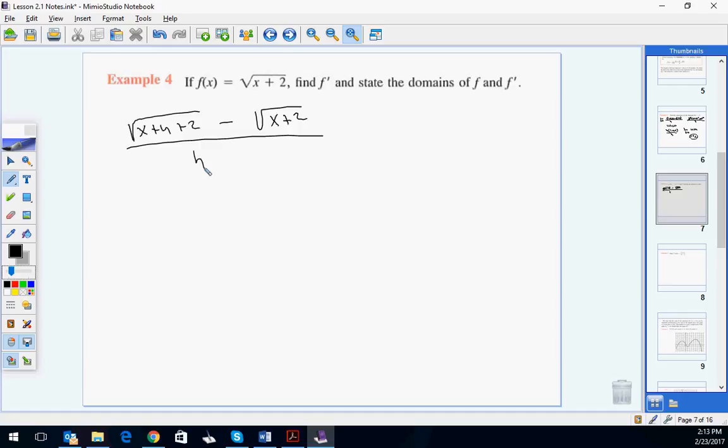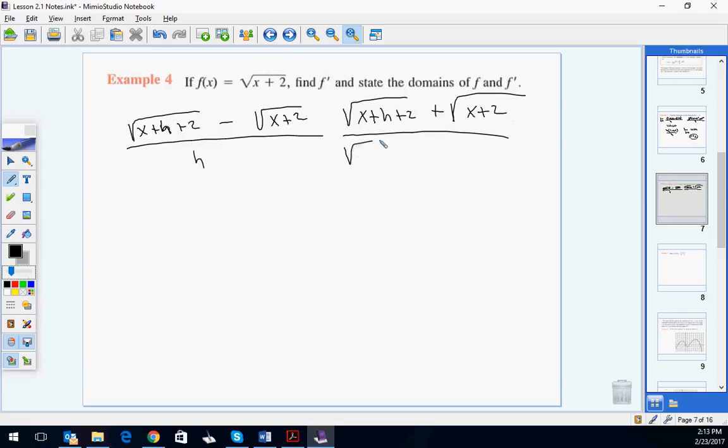So this is where we have to use the beautiful conjugate. We're going to state the domains at the end. I forgot to say that. We're stating the domains at the end. We're going to see how the domains change between the derivative and the original.